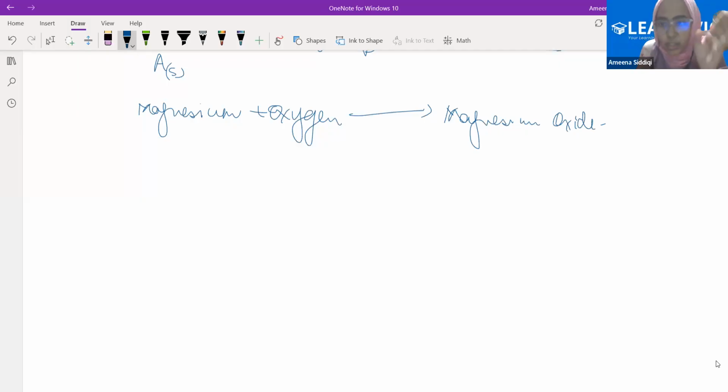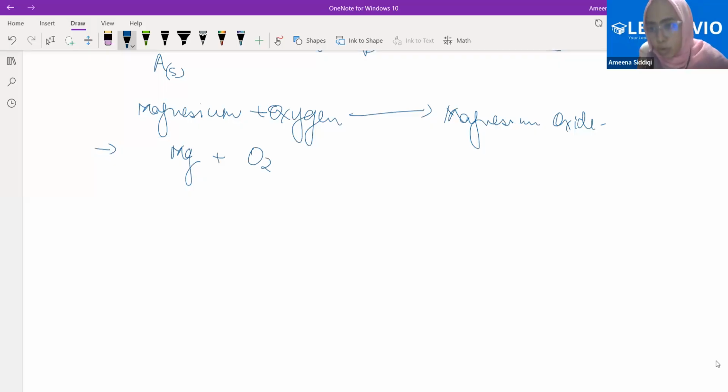Now, magnesium, oxygen, magnesium oxide are all very big terms. Therefore, for convenient use of equations, we use the chemical formula or the chemical symbol for the respective reactants and products. Symbols are for the elements. For example, magnesium is represented by Mg. This is a symbol for magnesium. Oxygen is represented by O2.